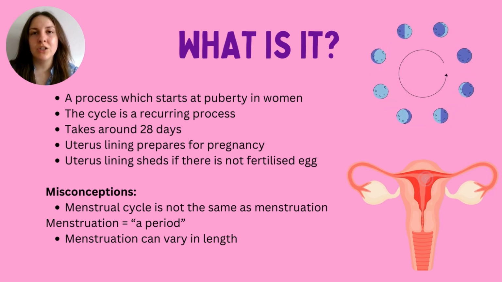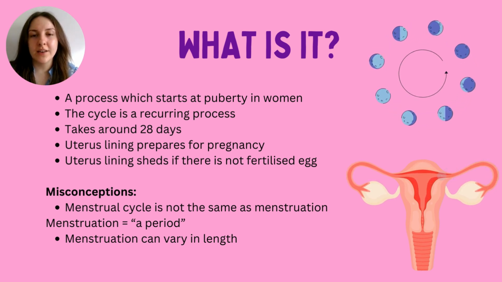So as you can imagine, those vascular tissues include things like blood vessels, capillaries, and that kind of thing, to give the growing baby, the growing fetus, the growing embryo, the nutrients needed, etc. Now, when the uterus lining is not needed, it is shed. This is only in situations where there's no fertilized egg, so there's no need for it, and the body just sheds it, because it's not efficient or needed for the body to maintain it all the time. And this happens in other mammals as well.